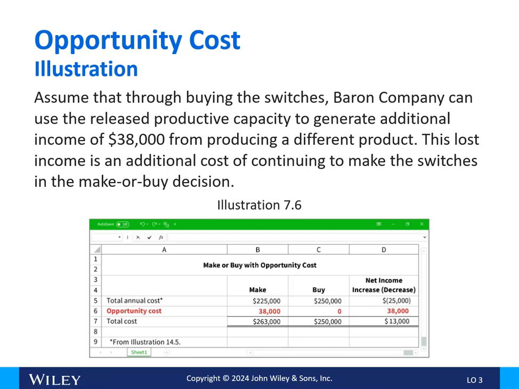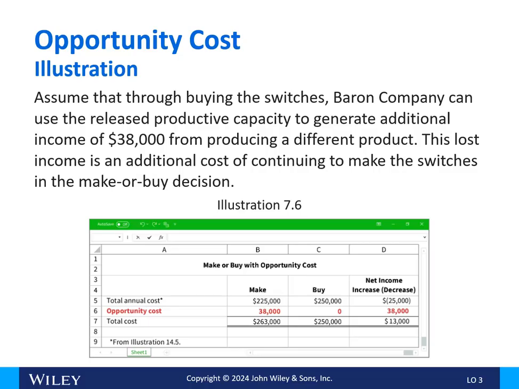But now we're going to add this opportunity cost to the make because we're giving that up by continuing to make the product ourselves instead of buying it. So it's a cost as part of making it because we don't have that excess capacity or that free capacity.